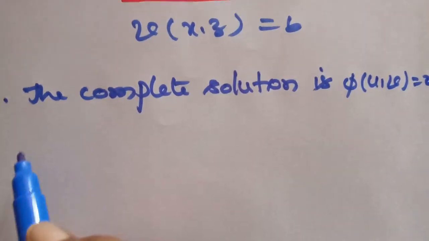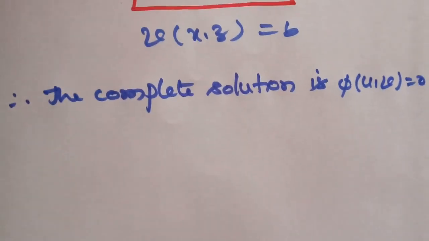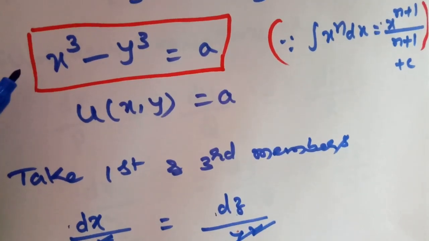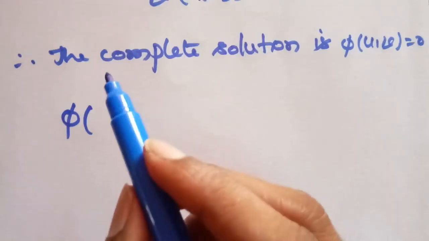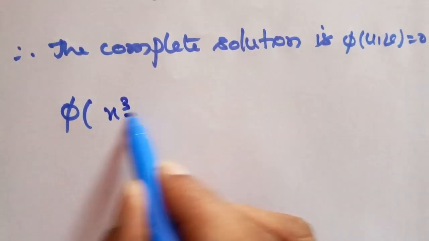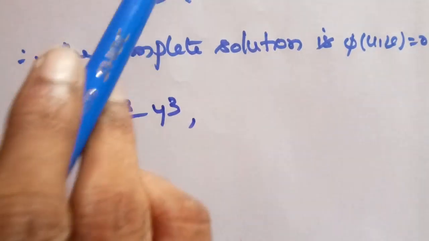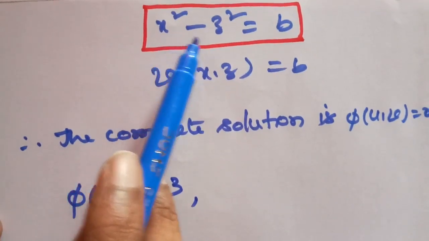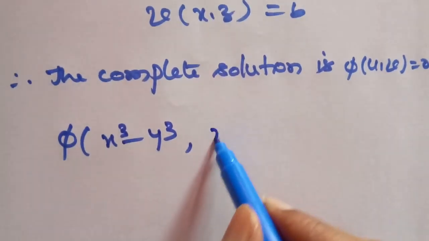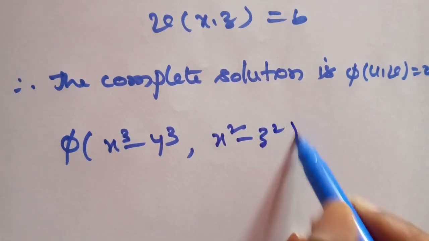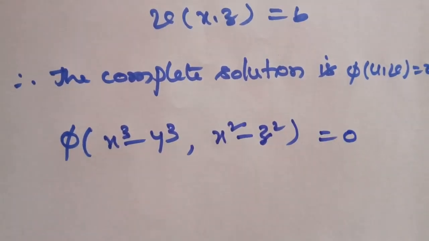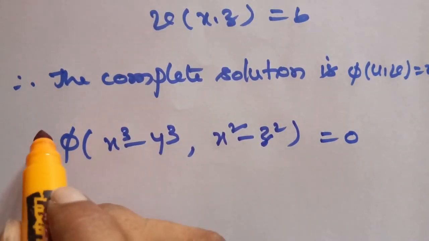Therefore, u is x cube minus y cube. Phi of x cube minus y cube, comma, v is x square minus z square is equal to 0. This is the complete solution.